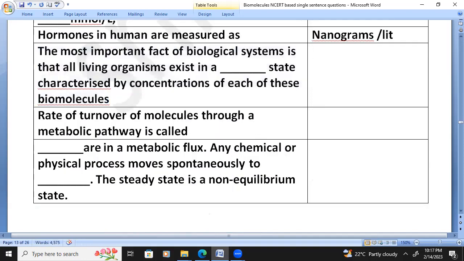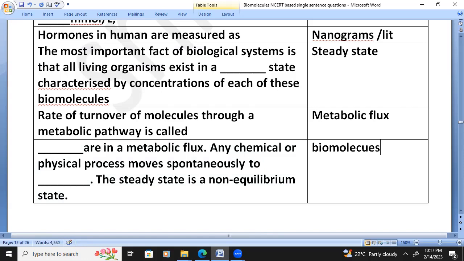The most important fact in biological systems is that all living organisms exist in a steady state characterized by the concentration of each of these biomolecules. The rate of turnover of molecules through a metabolic pathway is called metabolic flux.